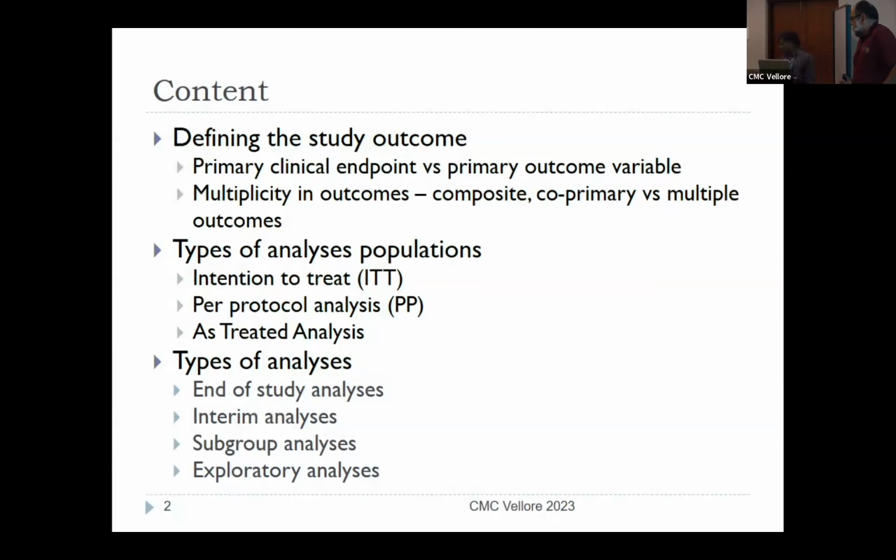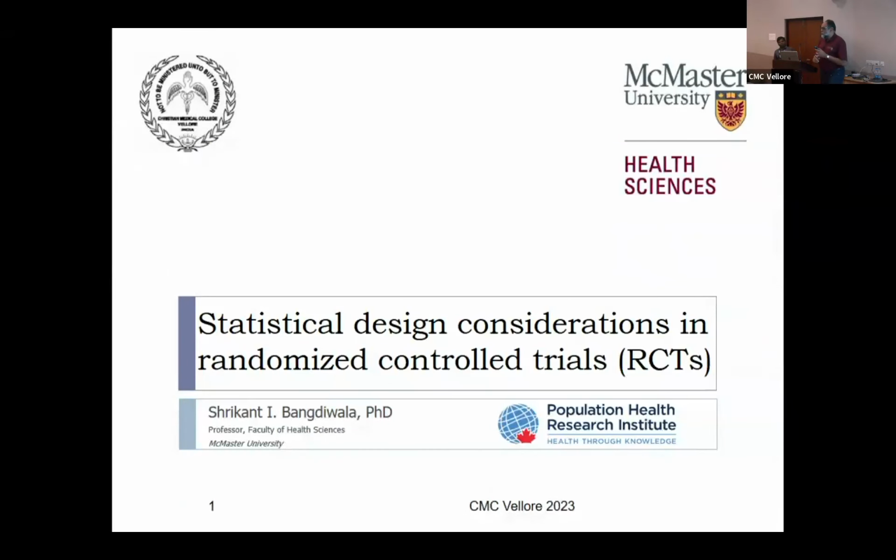So we're going to continue with some design characteristics. One of the most important design characteristics is your study outcome. We talked yesterday about your research design, and your research design is going to be a test of a claim.